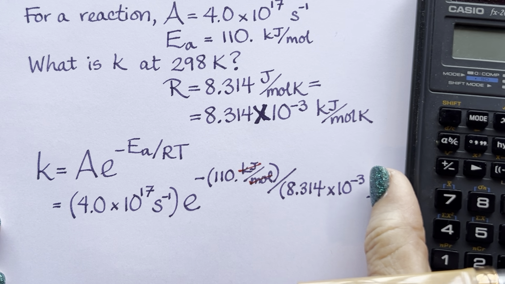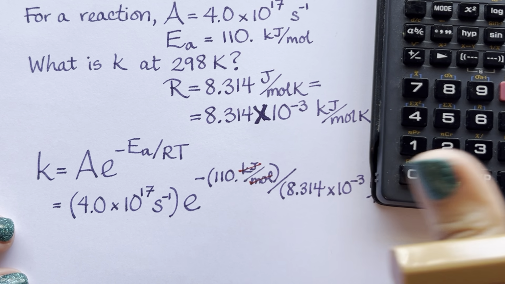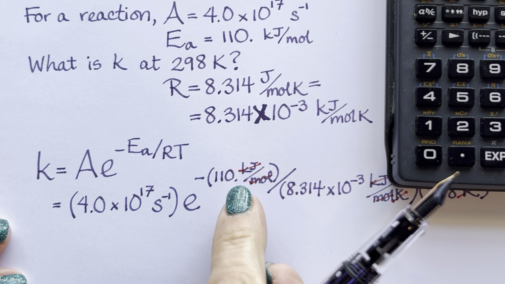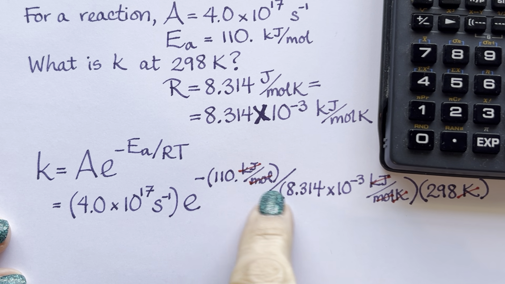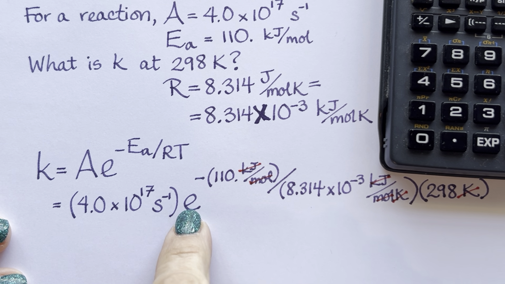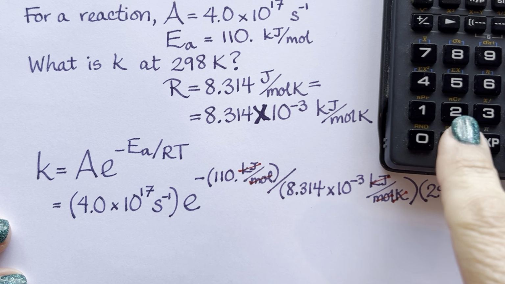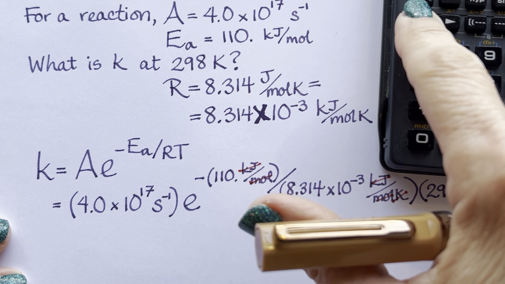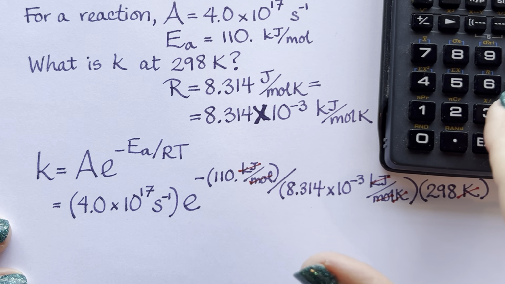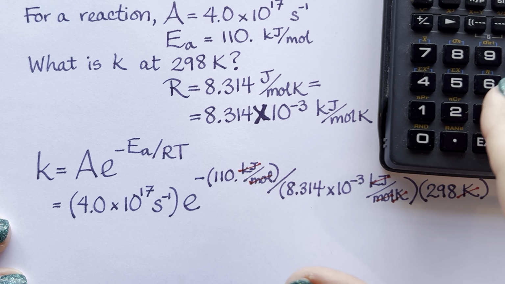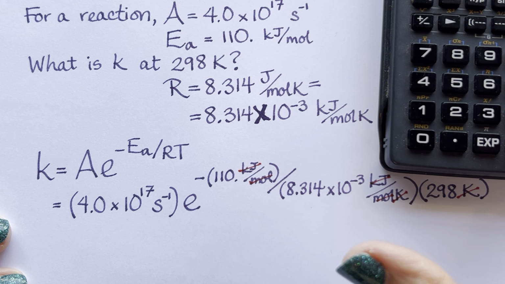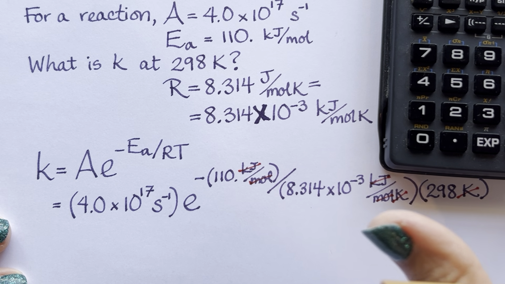Okay, we put in our values. Sometimes, depending on the calculator I'm using, I'll calculate the exponent first and then raise e to that value. Sometimes I'll just put it all in. So 110, make that negative, divided by 8.314 times 10 to the minus 3 divided by 298.